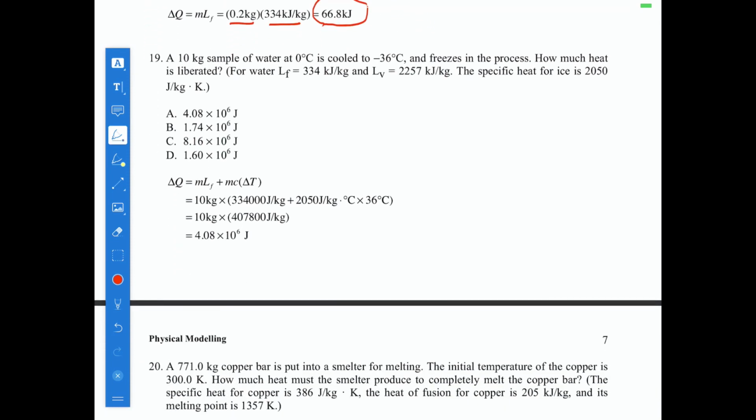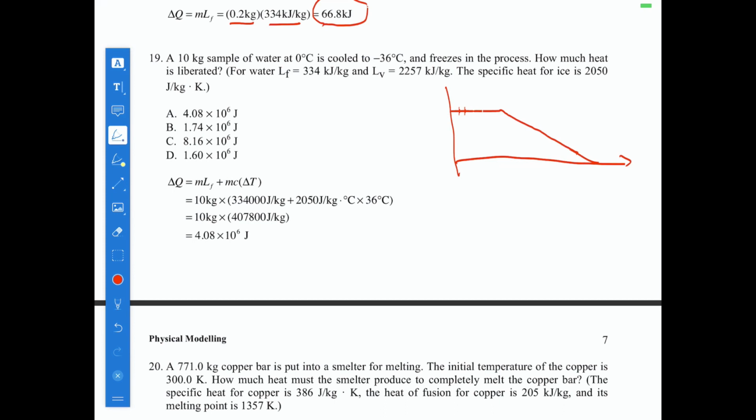Number 19. First the phase change and then the temperature reduces.